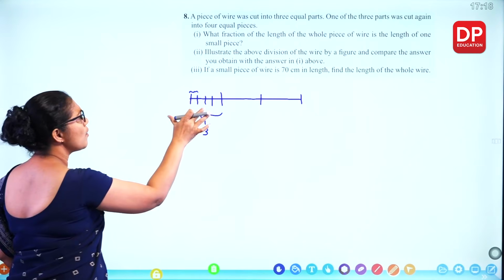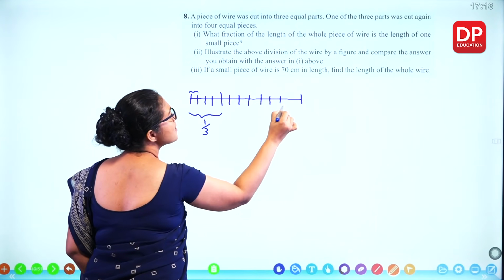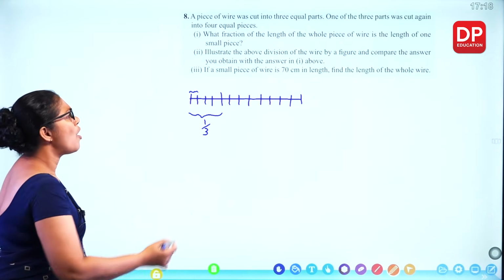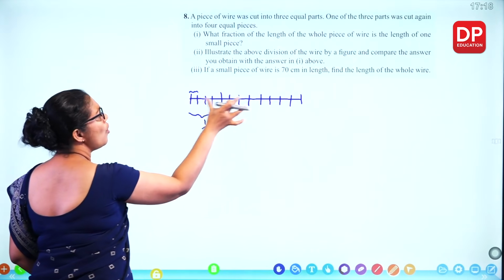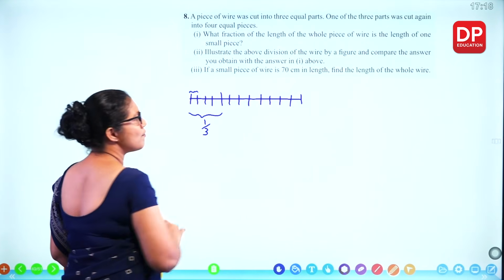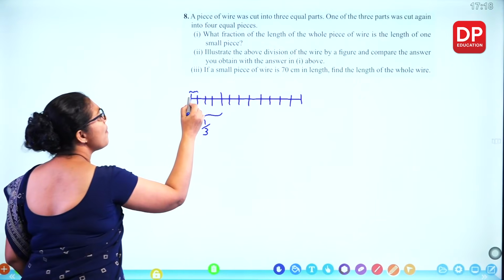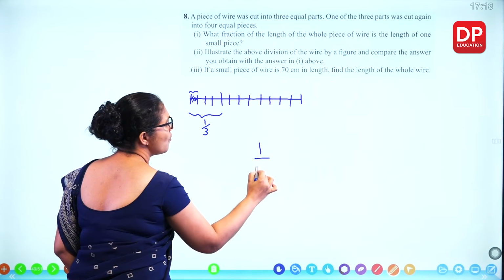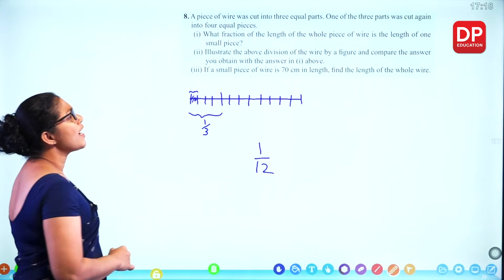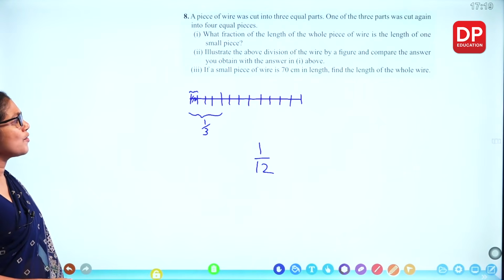So we know equal parts, each one 4 equal parts. Now altogether how many parts are there? 4, another 4, another 4. Altogether 12 parts are there. So what is one part represent? 1/12.